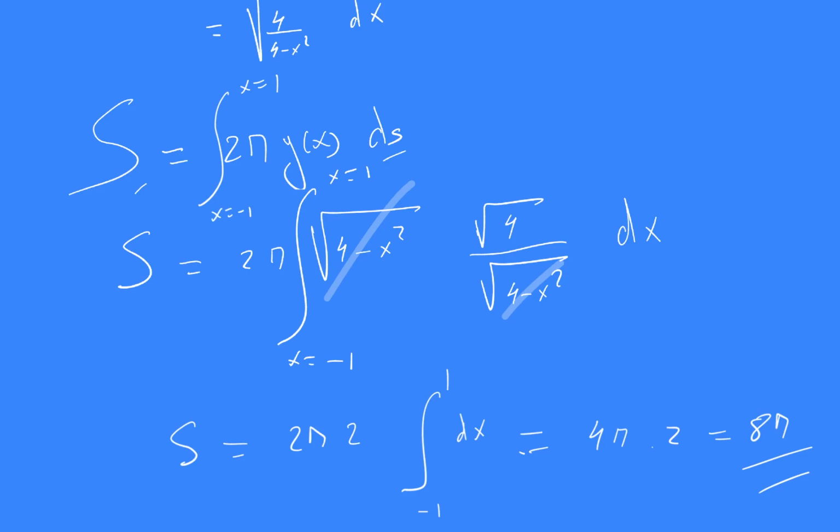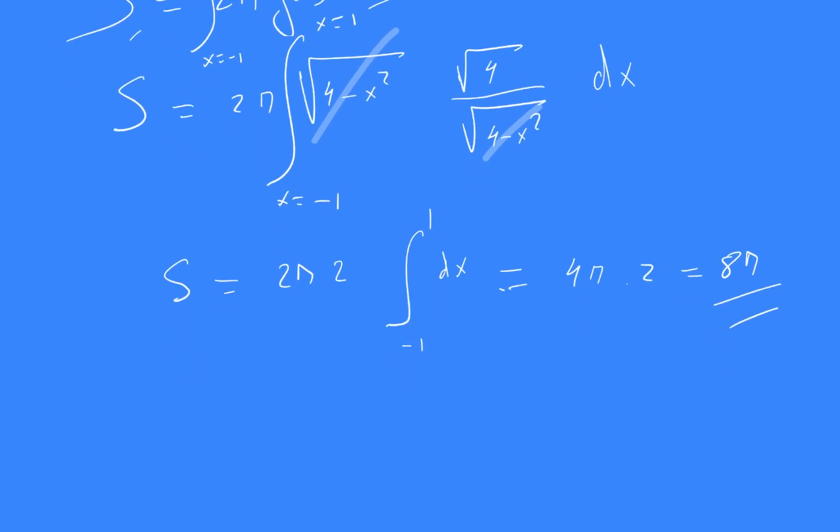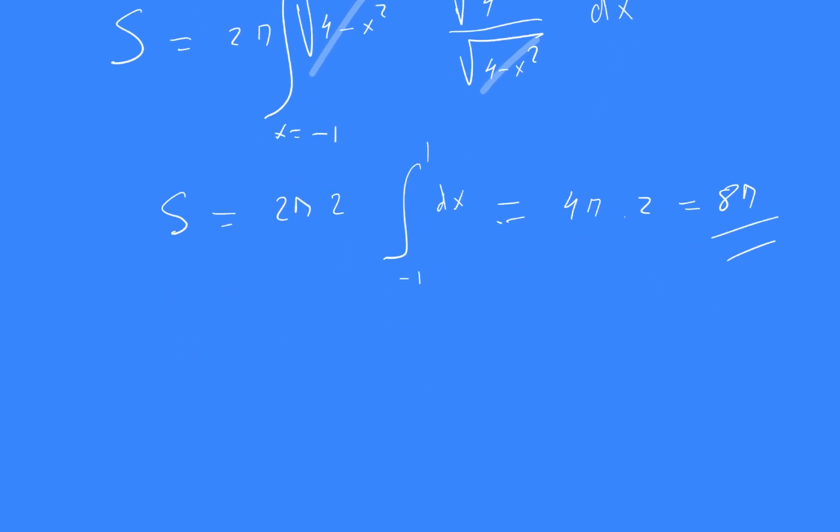Now your challenge is this. If I have the equation of the circle, y of x equal plus the square root of r squared minus x squared. This is r, this is minus r.